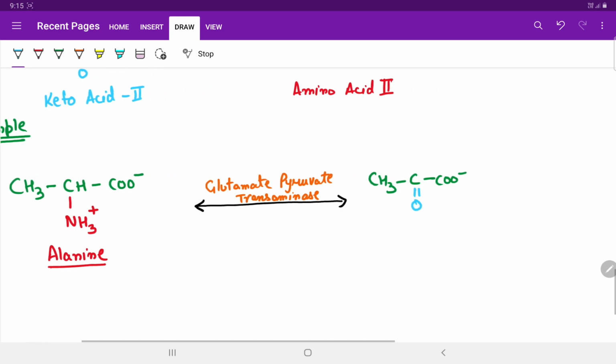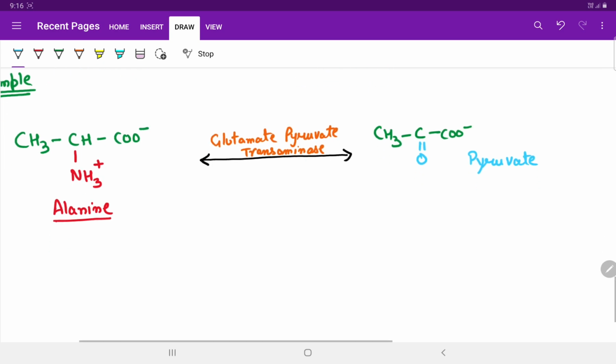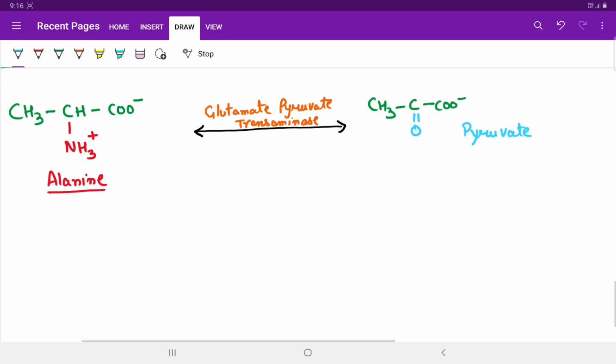So this is a molecule of pyruvate. And how does this reaction take place? This takes place in presence of pyridoxal phosphate, and this leads to formation of an enzyme PLP Schiff base and amino acid PLP Schiff base formation. So students, this is a complex reaction of the Schiff's base formation. And in another reaction we can see now how these two reactions will be joining together. I shall be showing you.